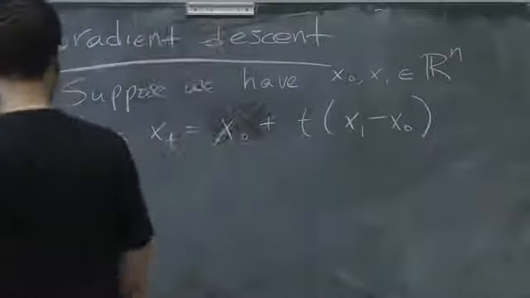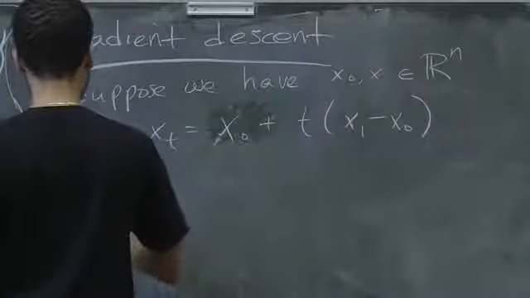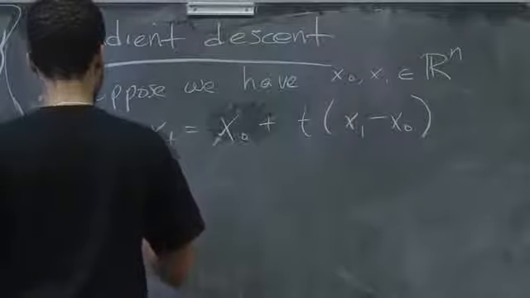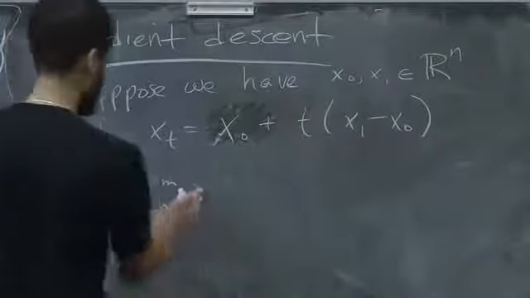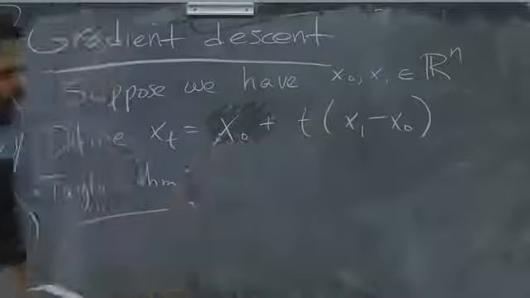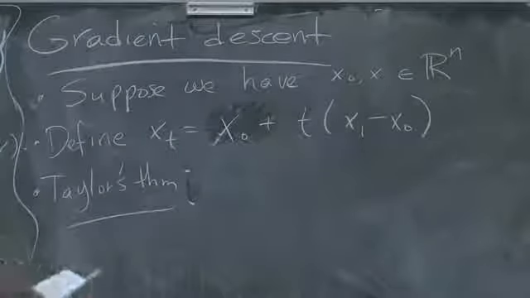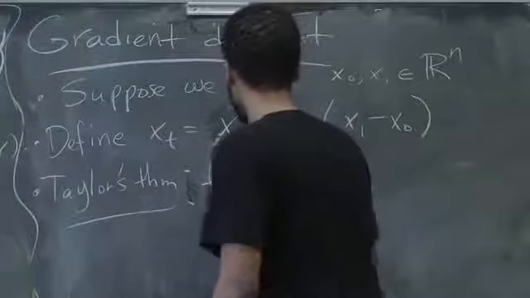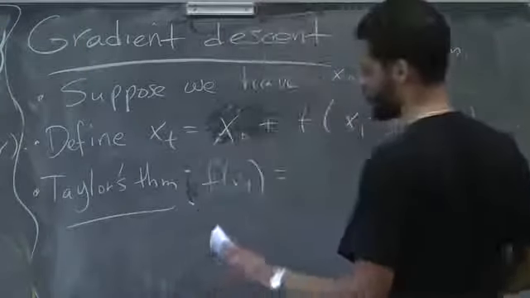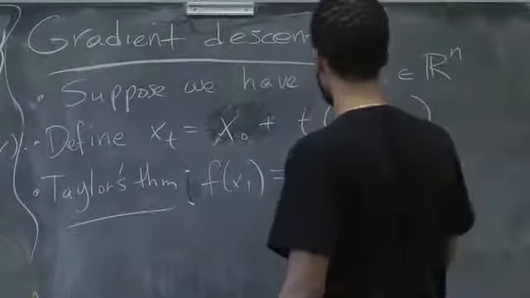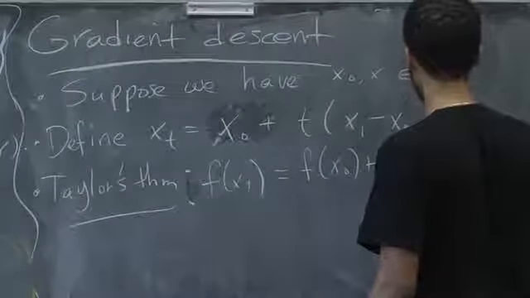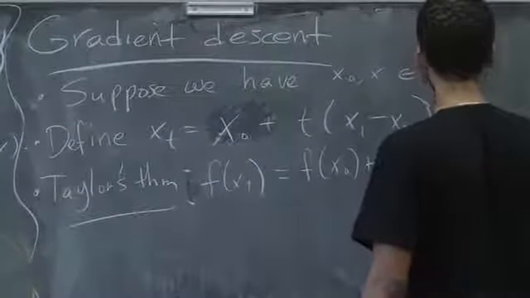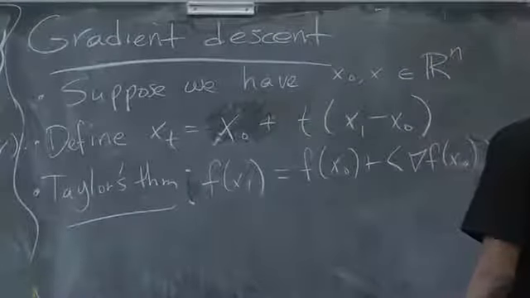I'm not going to prove this. It follows from Taylor's theorem with an explicit remainder. If you want to see a proof, it should be in pretty much any calculus book. F of x1: the first two terms in the Taylor expansion are f of x0 plus the gradient of f at x0 dotted with x1 minus x0.